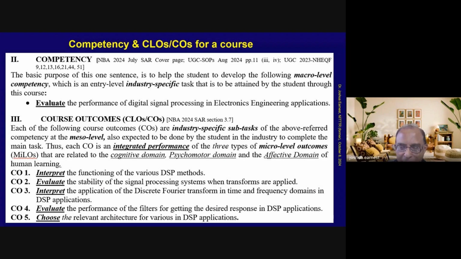Therefore, you should not have generic physics. You should have physics for electrical engineers, physics for civil engineers, physics for mechanical engineers. There may be certain common units, but for mechanical there will be certain extra or different units.